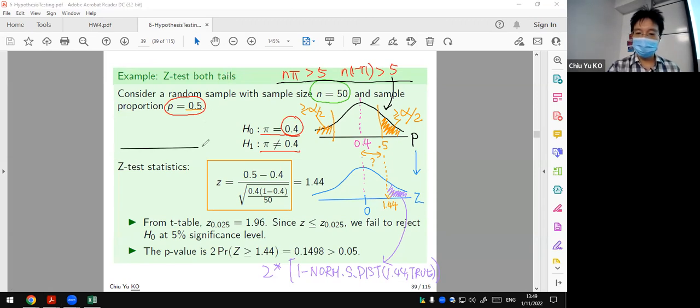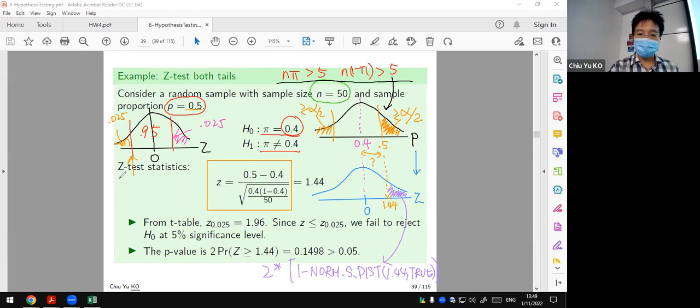The same idea here. This is a Z, and we'll be looking at 0 here. We are looking at 95% in the middle, so that means this tail is 2.5%, 0.025. Here is 0.025, and here is 0.025. Add up, it is 1.